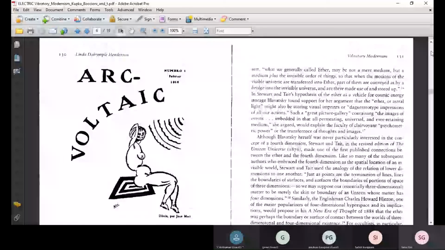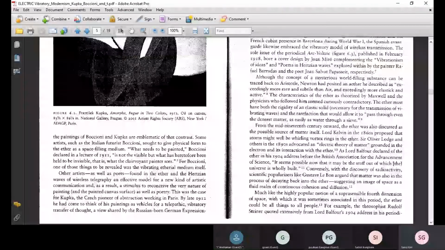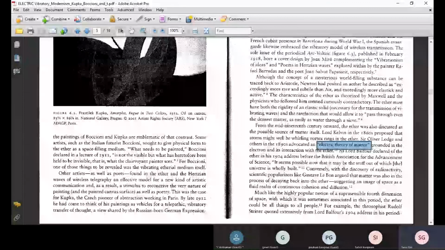Here, what is written here, this electric theory of matter, I think this is really what can interest us. Because then it means that matter, I think everything has a charge, which is, I think, the static part.